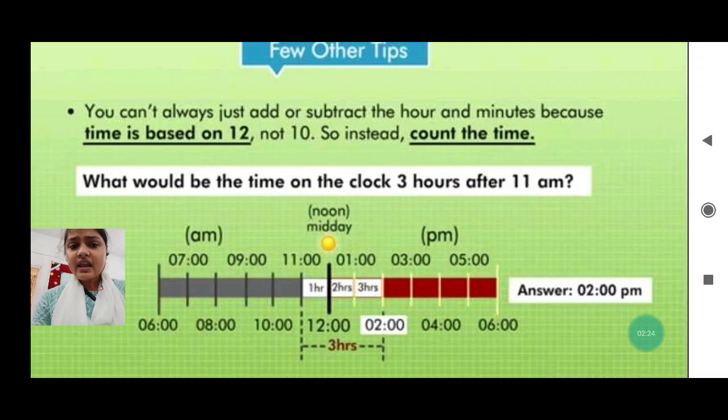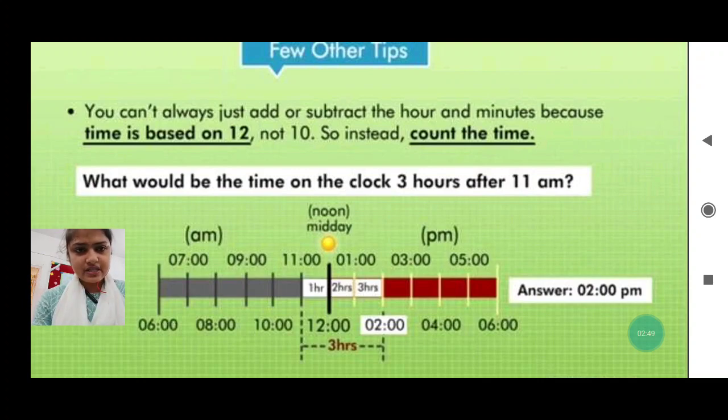So from 11, if the time goes to 12, then 1 hour has passed. From 12, if the time goes to 1, then 2 hours have passed. From 2, if the time goes to 3, then 3 hours have passed. It means that from 11 to 2 o'clock, 3 hours have passed. How many? 3 hours passed.